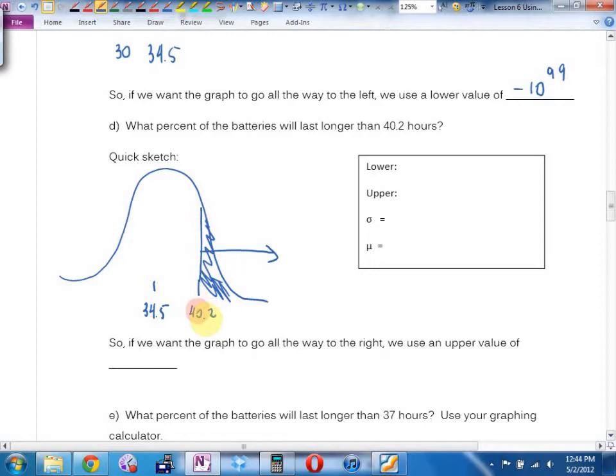Think where we're starting. 40.2. What's my upper value, Nikki? Oh, positive infinity, isn't it? Because it keeps going forever and ever. So my upper value is going to be 10 to the 99th power. Standard deviation, 4.2. Mean, 34.5. Okay, can you find out what percent of the batteries will last longer than 40.2 hours?